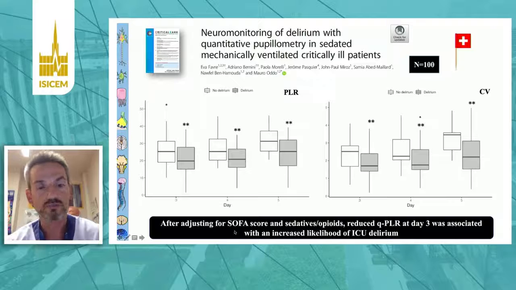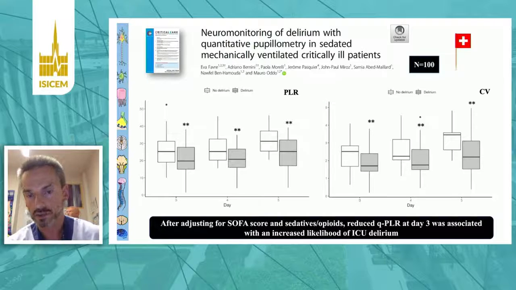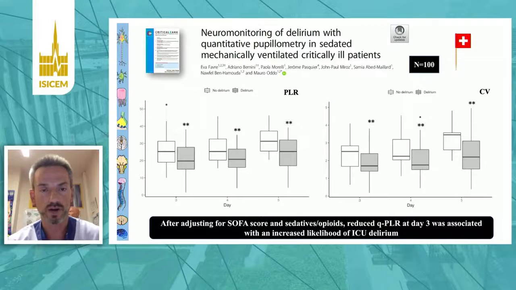After adjustment for SOFA and the use of sedatives and opioids, the authors show that a reduced quantitative pupillary light reflex at day 3 was associated with an increased likelihood of ICU delirium. So this tool could be very interesting to identify patients undergoing mechanical ventilation, who receive very few monitoring tools, as being at risk of having delirium thereafter.